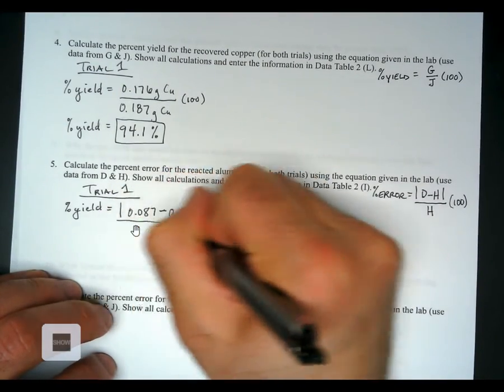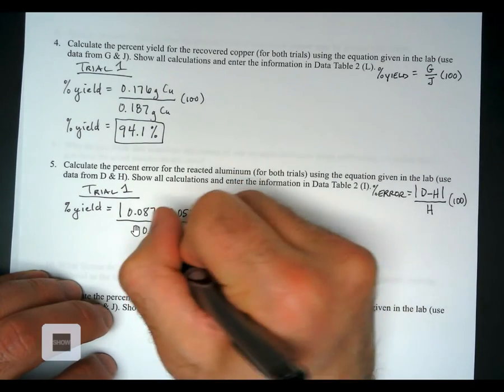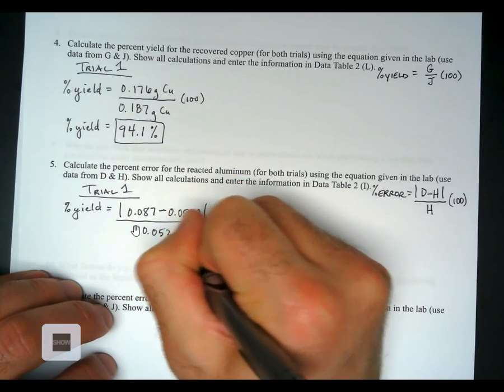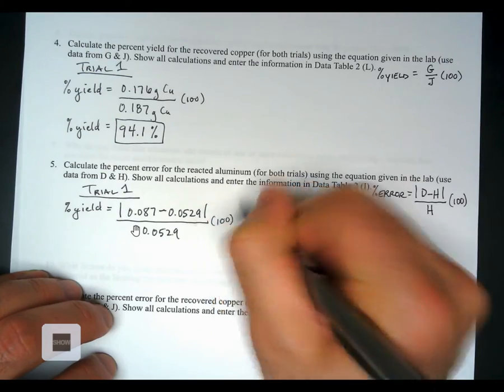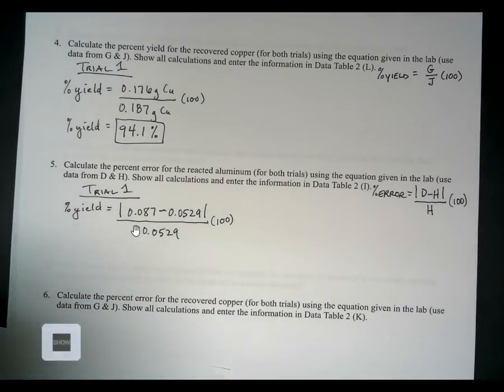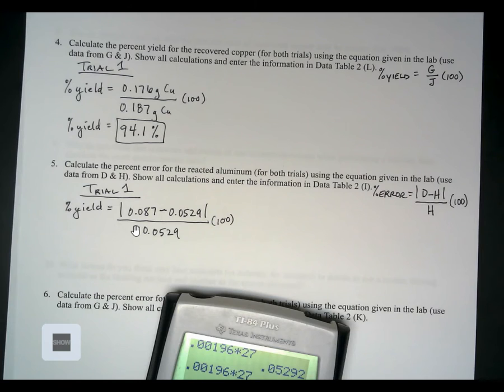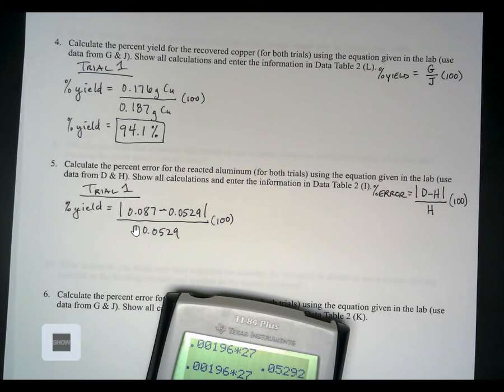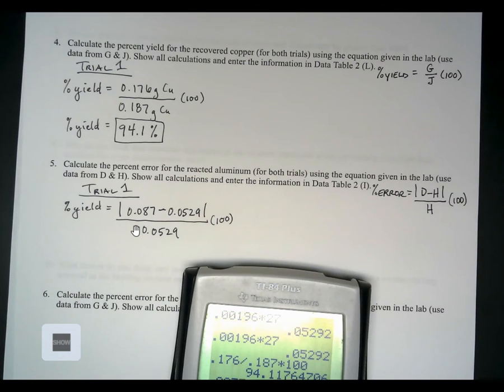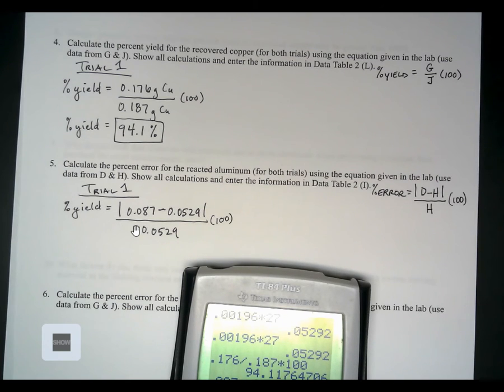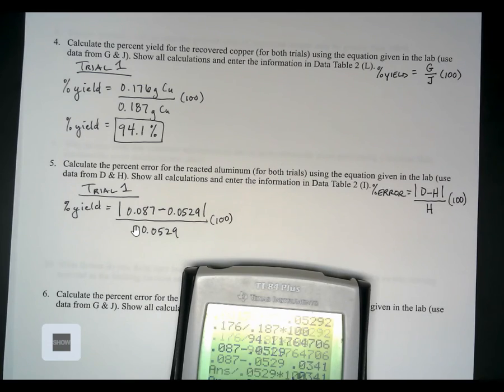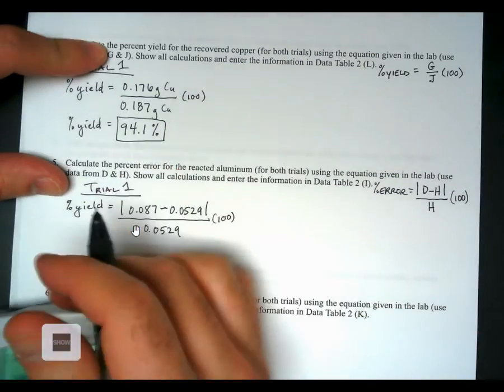And then that all over your theoretical times 100. Now, when you do the math, remember to do the subtraction first, and then divide. And if you get a negative number, just make it positive. It's the same number, just positive. Okay, and then go to three significant digits.